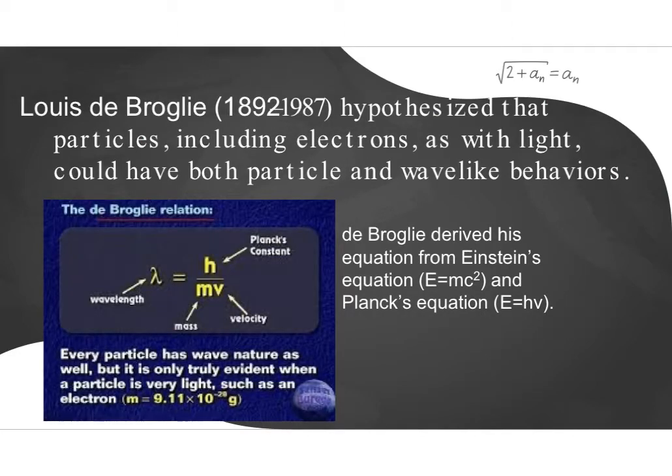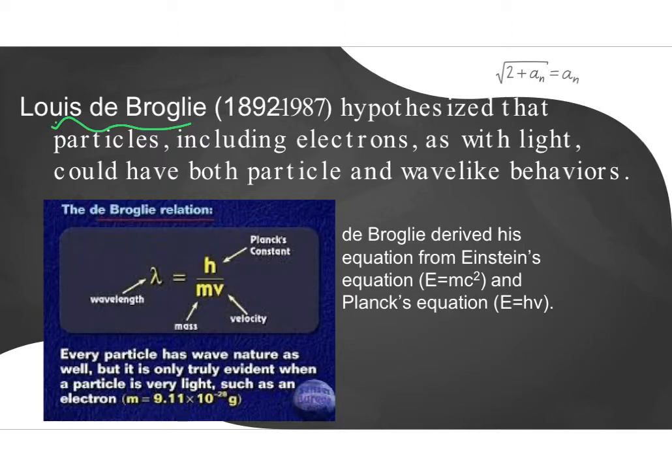And the next couple of slides are going to go over additional key contributions that various scientists made to the Bohr model to get us to the quantum mechanical model. So back before Louis de Broglie, scientists, Einstein one of them, had declared that light can behave either as a particle or with wave-like properties.